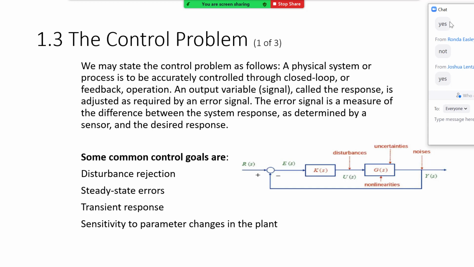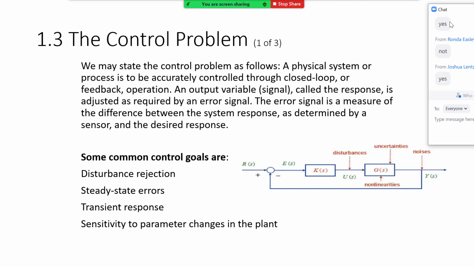Therefore, the whole system that you're trying to control might behave slightly differently, and we might not get exactly the signal that you are expecting from it. And therefore, with the feedback and the controller, you can try to make up or compensate for all these other factors that come into the system.